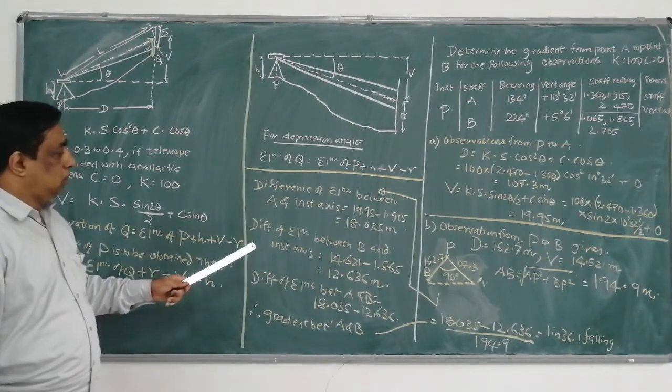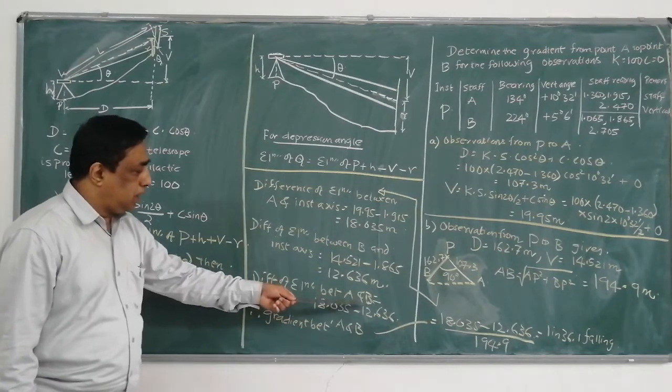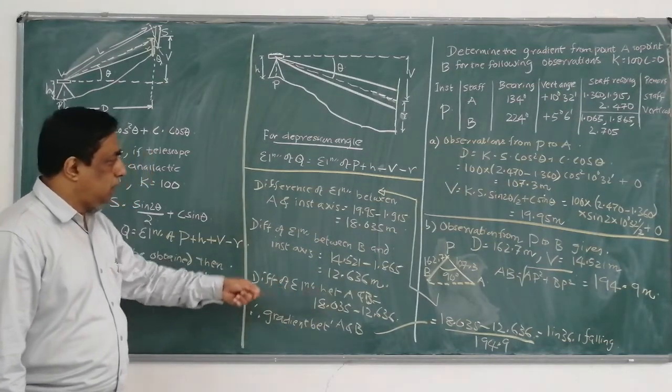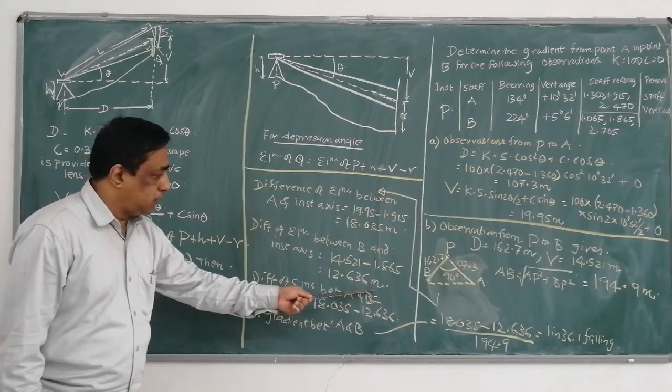Therefore, we have to get the difference of elevation between A and B, which will be 18.035 minus 12.636.